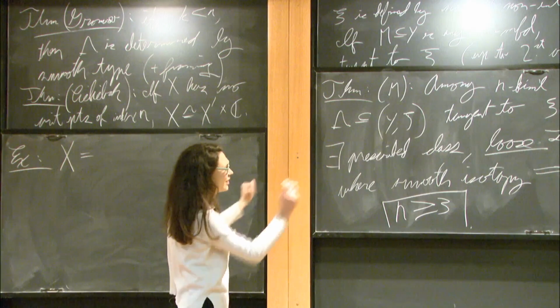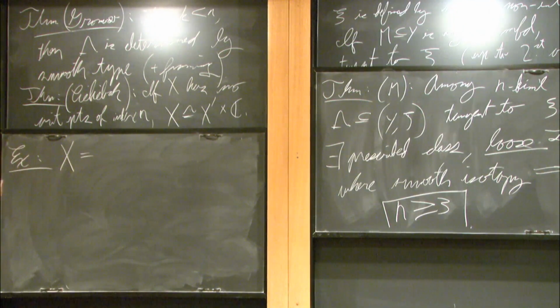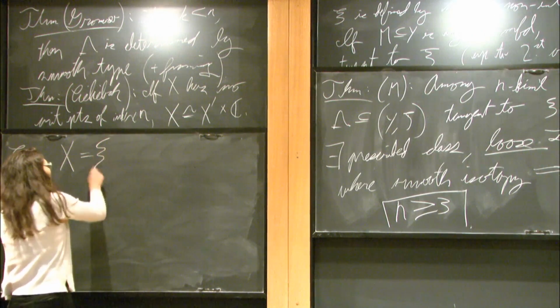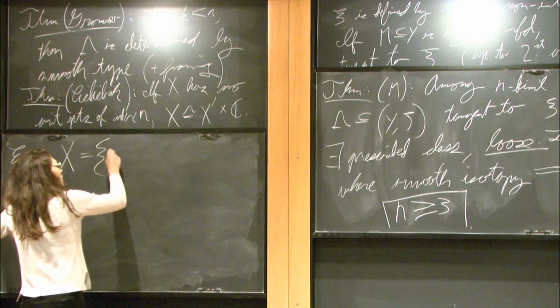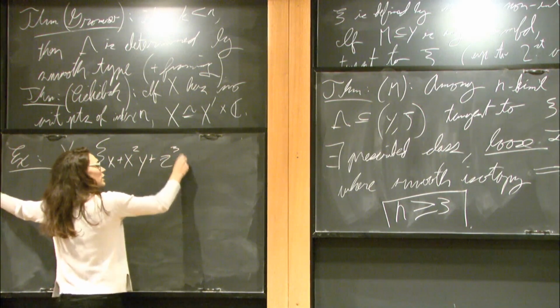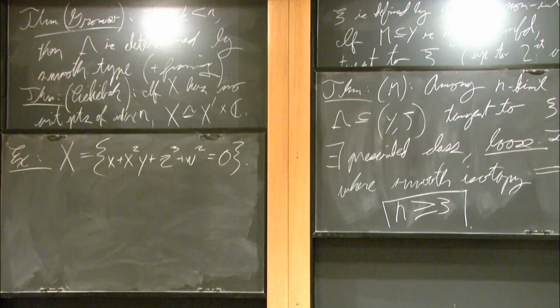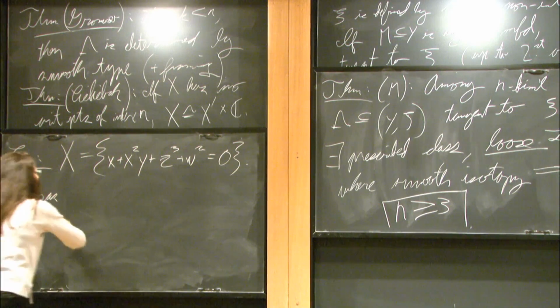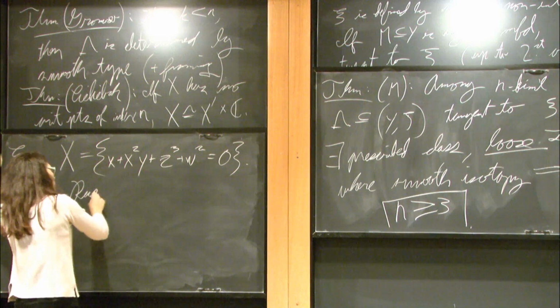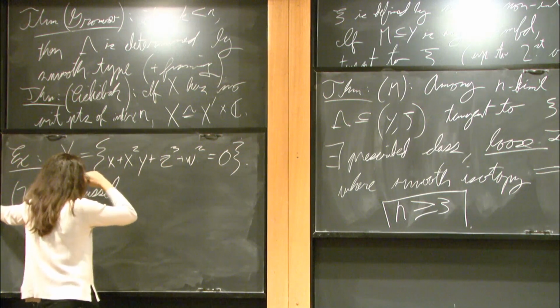So 3 dimensions is a pretty good dimension. So here's another threefold. I'm going to let X be x plus x squared y plus z cubed plus w squared equals 0. And this is well known because it's the first example of what's now called Cork-Russell cubics.